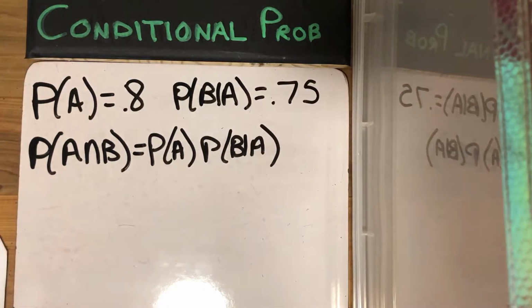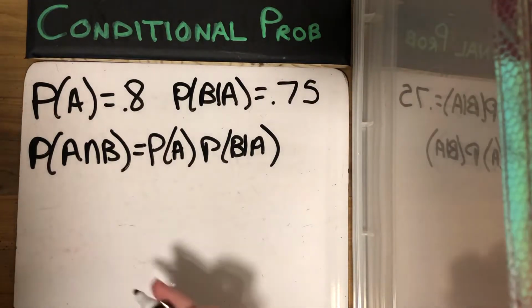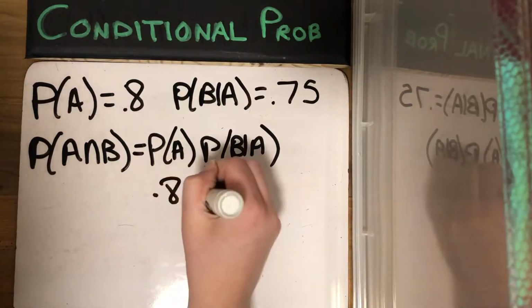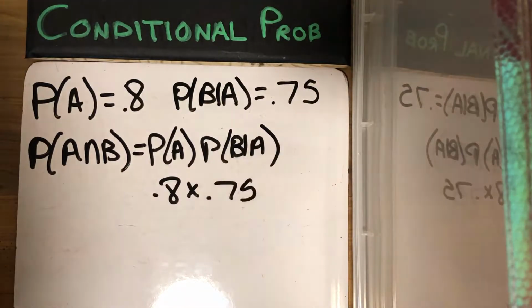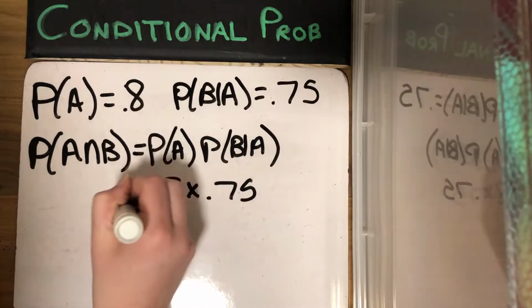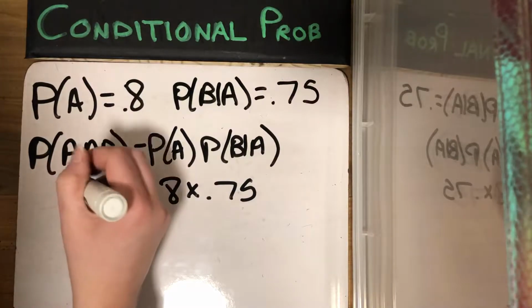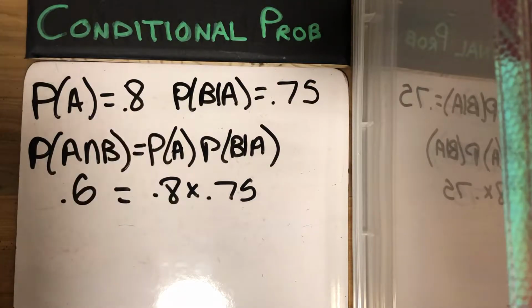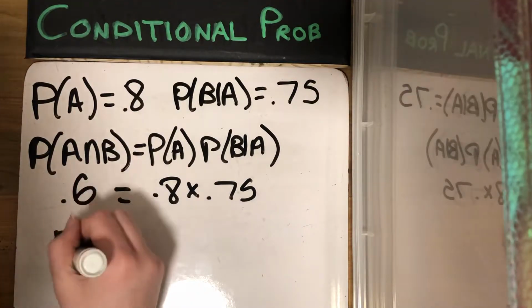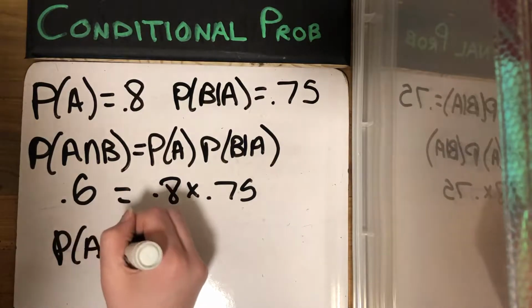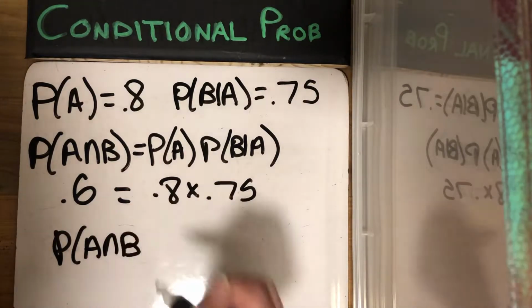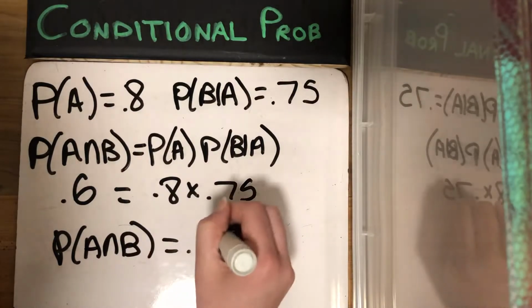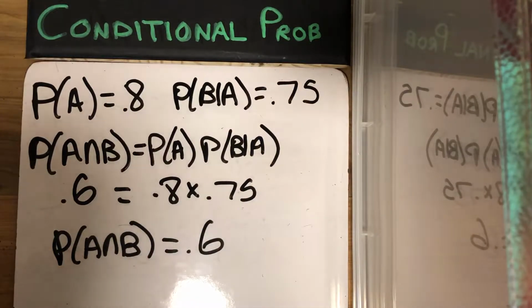So here's the other equation, and now we know these numbers, so we're going to plug them in. 0.8 times 0.75, and then if you do that math, it equals 0.6. So now we have the probability of A intersects B equals 0.6. It's also a good way to check.